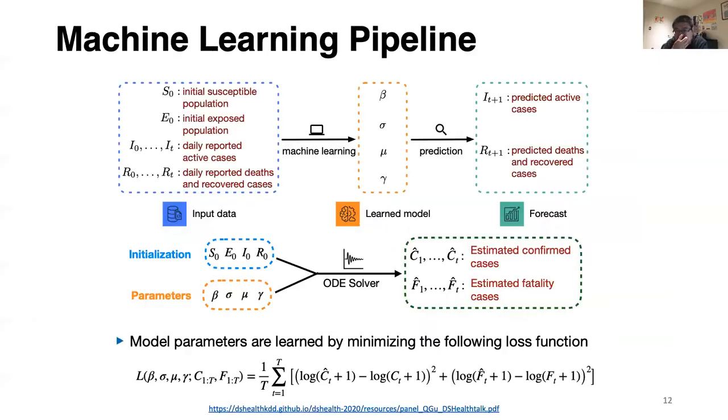And the authors proposed a machine learning pipeline to estimate model parameters as well as the number of infected cases as well as removed cases.